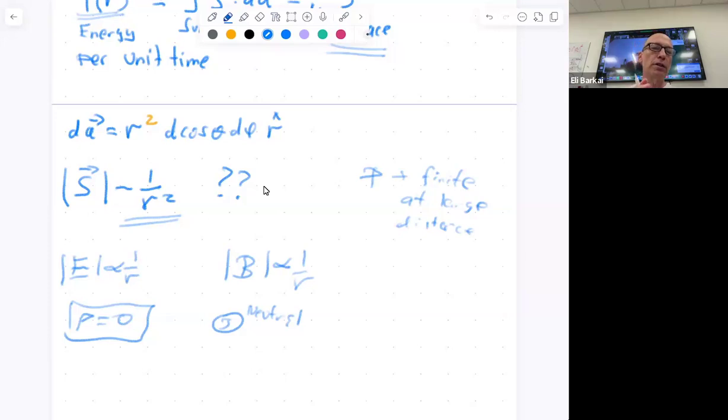And of course, all this is related to, first of all, Maxwell equations, but also obviously related to relativity, to the fact that the speed of light, c, is finite. So this is the magic. And this is what we are going to look for when we do the math.